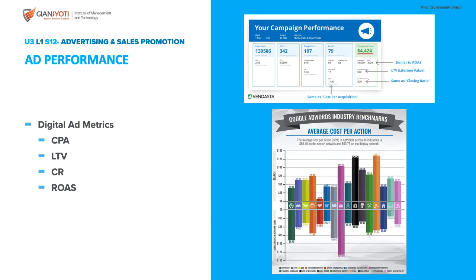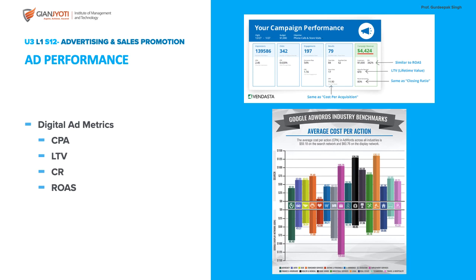If you are going somewhere and you are seeing something, they will display this ad for you, and while they are searching, so during that time. So for different industry sectors, they have given the benchmarks in terms of CPA, that is the cost per action.